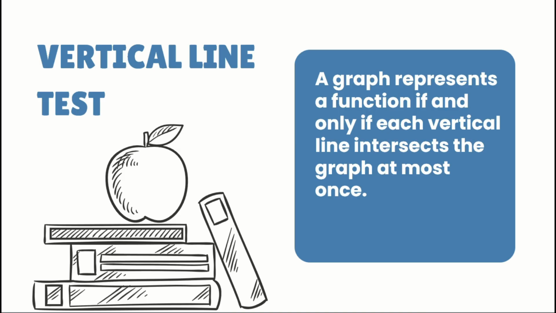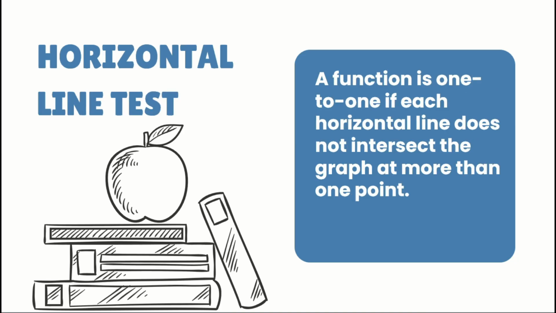And an additional test to determine if it is a one-to-one function or not is by using the horizontal line test. Since hindi na rin pwedeng maulit yung first element natin, then we also need to do the horizontal line test. A function is one-to-one if each horizontal line does not intersect the graph at more than one point.